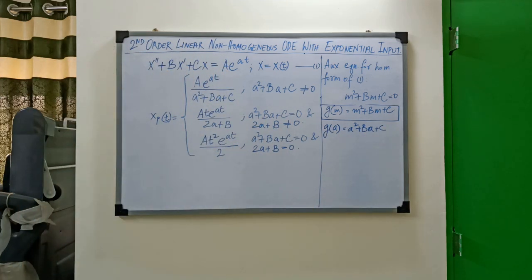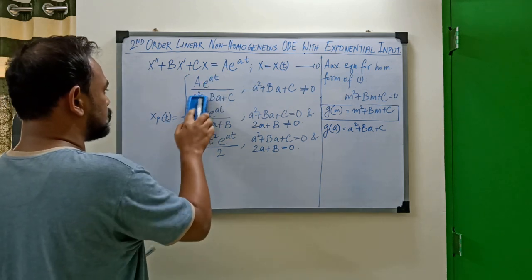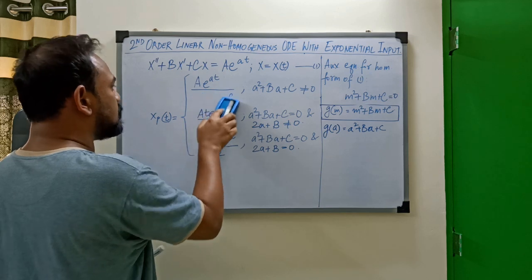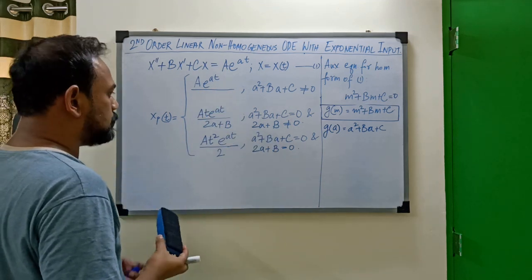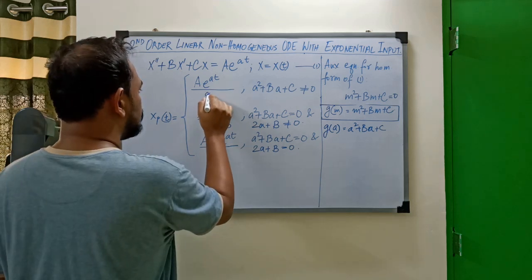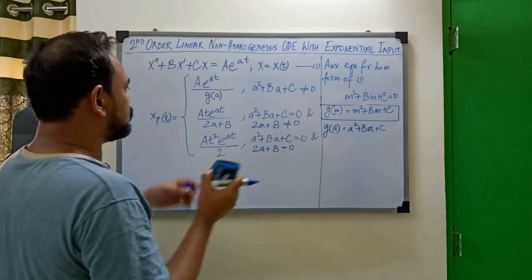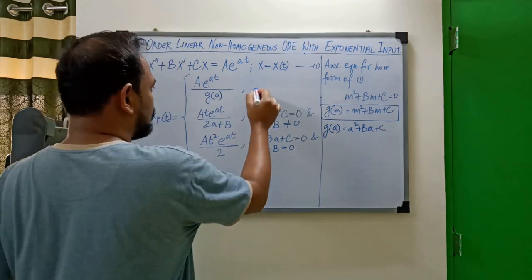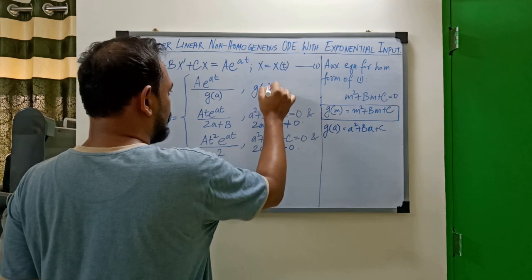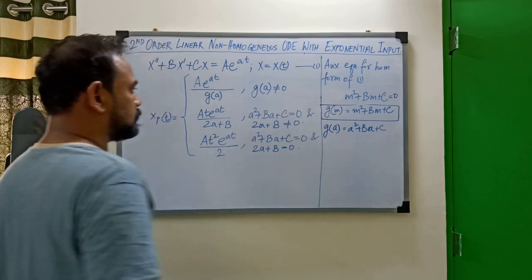So we can write this equation not in terms of a, b, and c all the time, but as being equal to this over g of a, if g of a is not equal to 0.